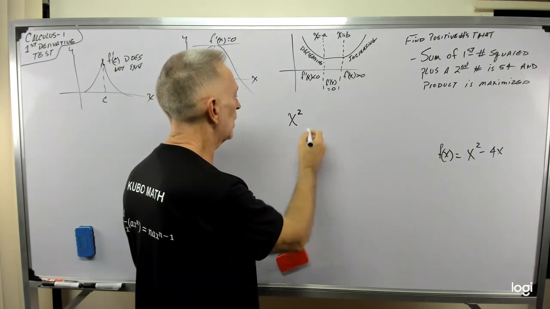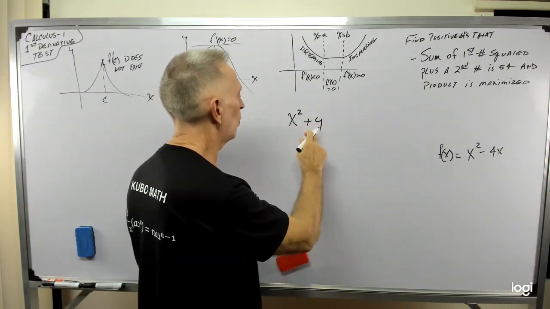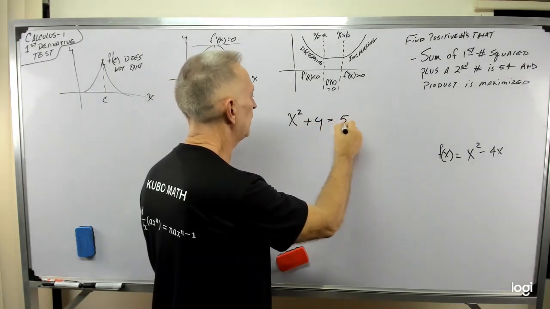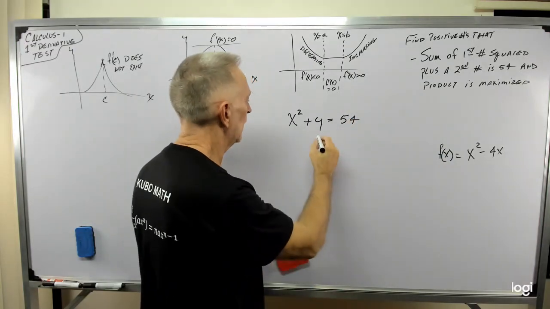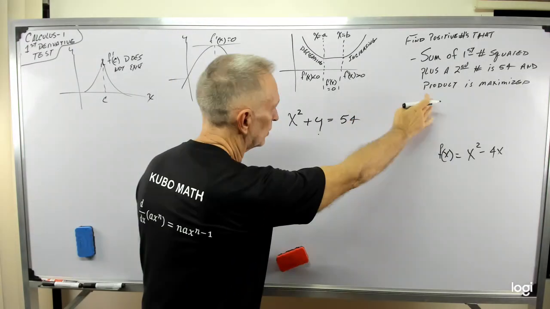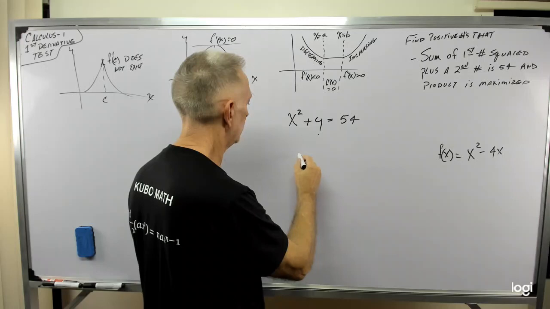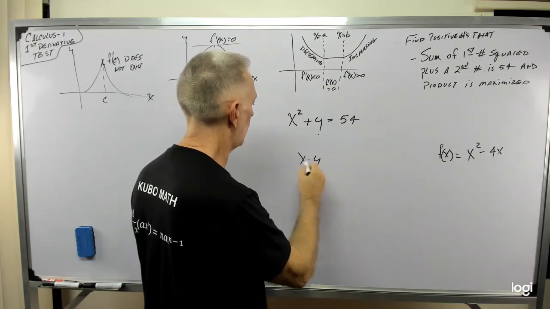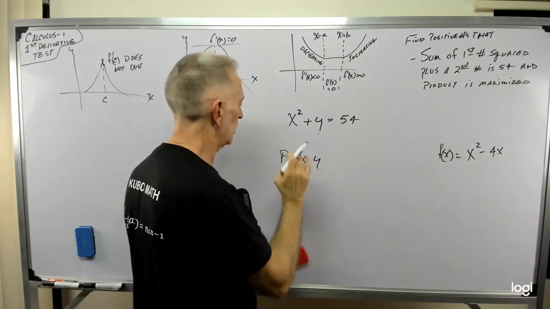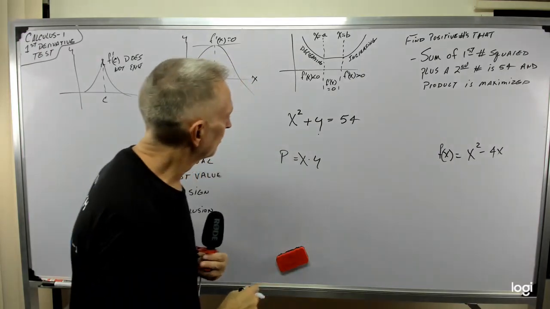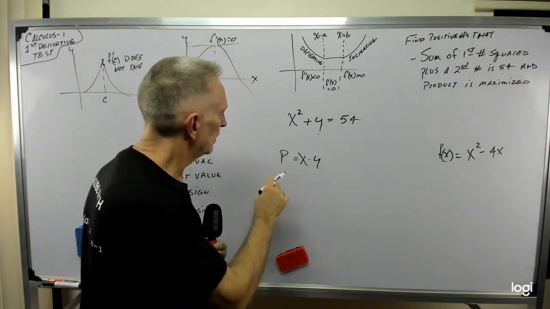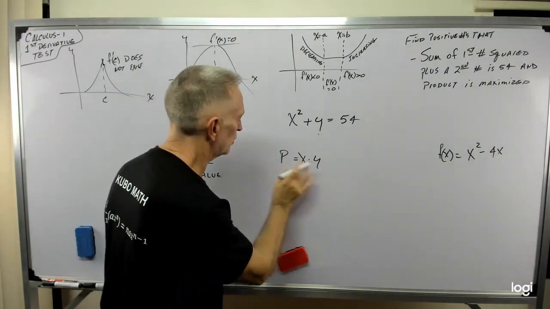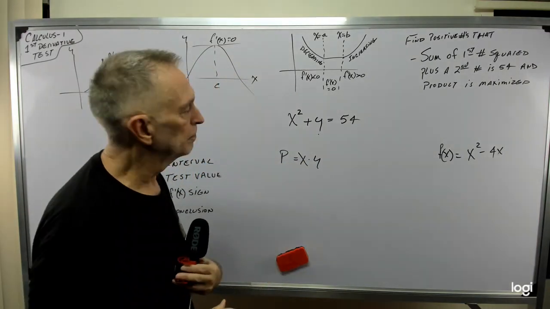That number squared plus my second number y equals 54. They're saying x times y is some product. We'll call it p. But they want these numbers to be such that p is a maximum.